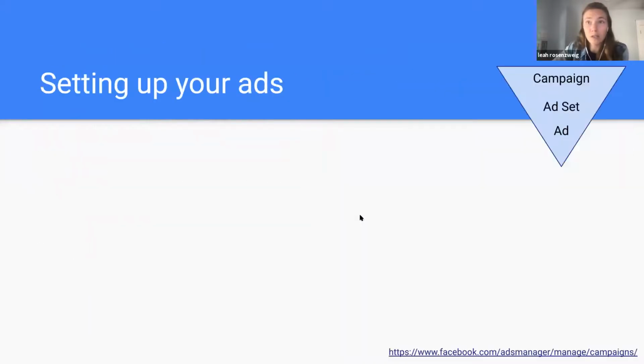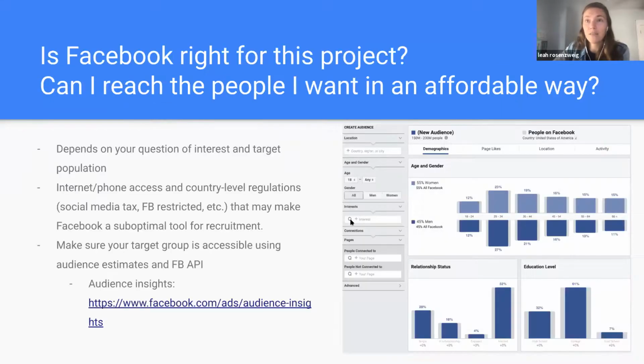In the US, you can also use different kinds of interests, for instance political leaning, though I don't know if they've stopped that now, and different connections to different kinds of Facebook pages. It'll give you an estimate of the distribution across age and gender, even relationship status and education levels. So this is one quick way to see how many people are on Facebook in the place, and of the types of subgroups, that you care about.